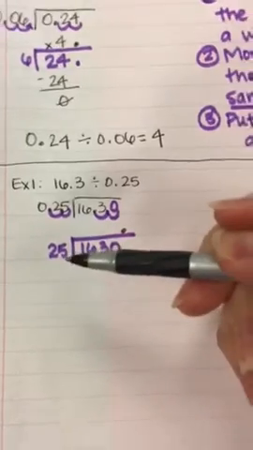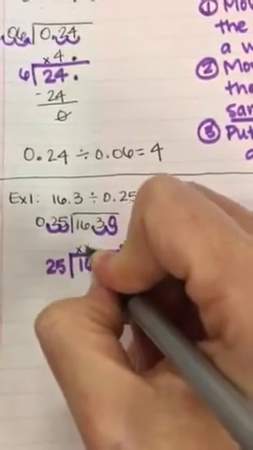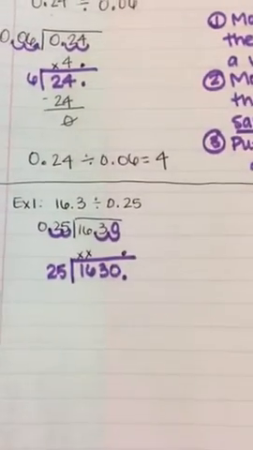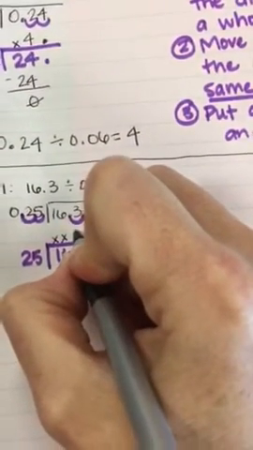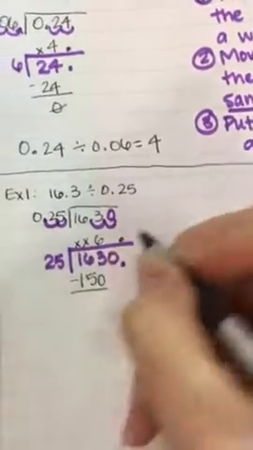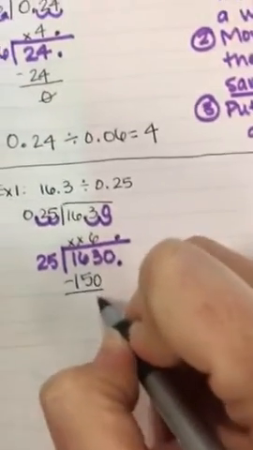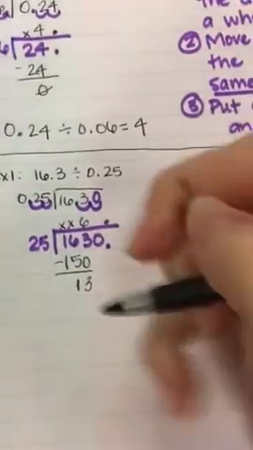So again, I expect you to do this with me. 25 will not work with 1. 25 will not work with 16. 25 will fit into 163 6 times. That gives me 150. When I do 3 minus 0, I get 3. And 6 minus 5 is 1. I have 13 remaining.